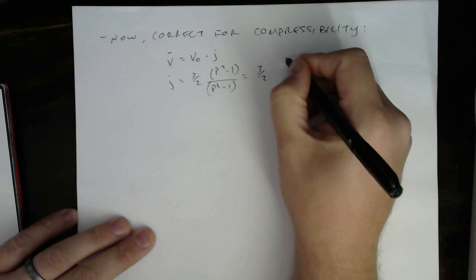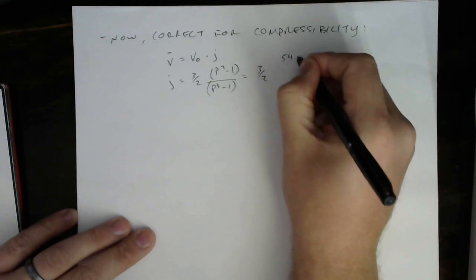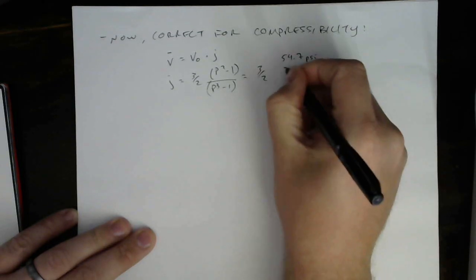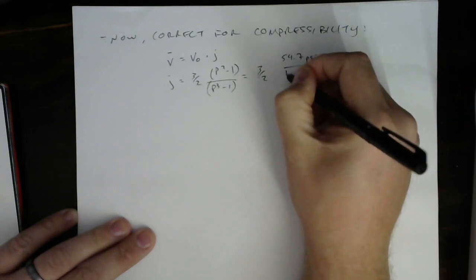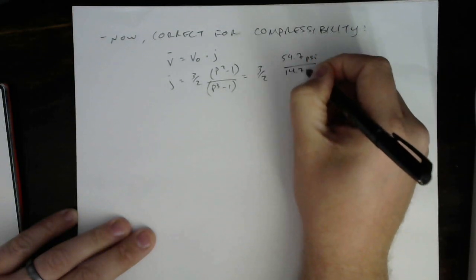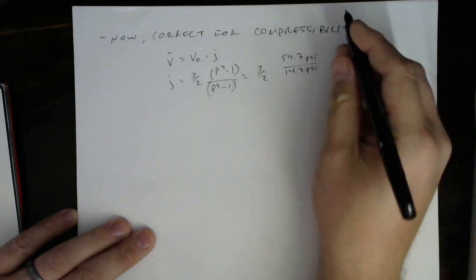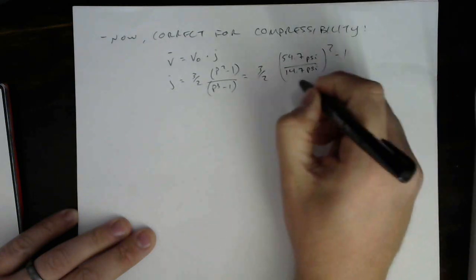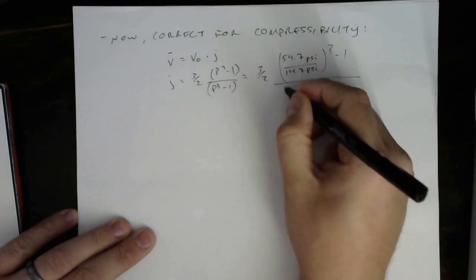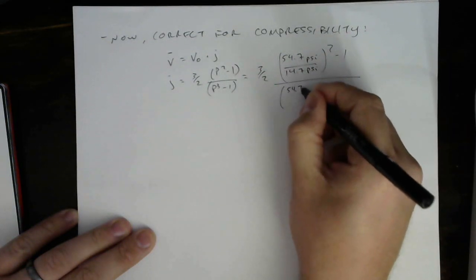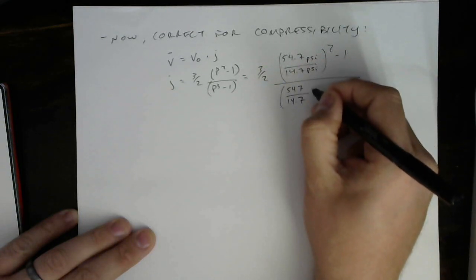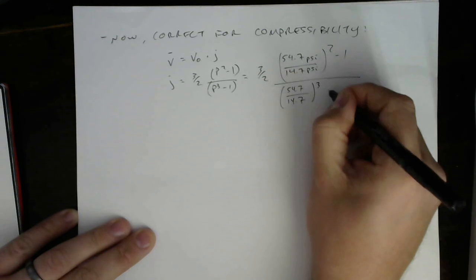When we add atmosphere to that, that becomes 54.7 psi absolute over room atmospheric pressure 14.7 psi, and that is squared, minus 1, over the same term, 54.7 over 14.7, cubed, minus 1.